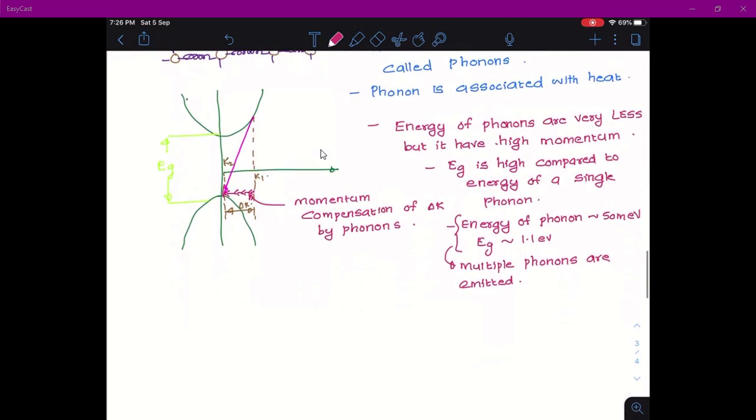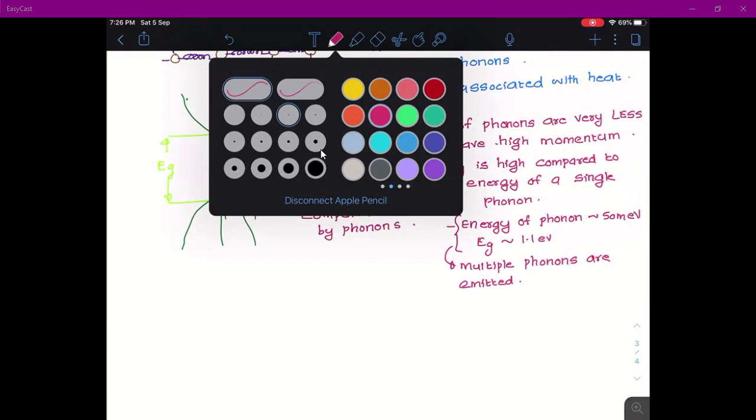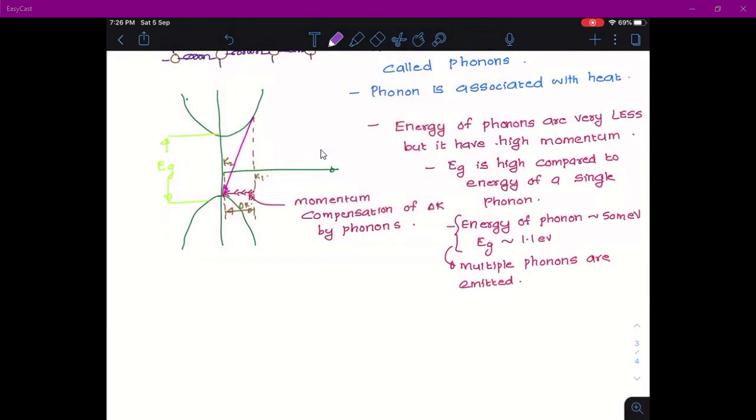Now this type of interaction, where you have a phonon to assist the transition, is called a phonon assisted radiative transition.